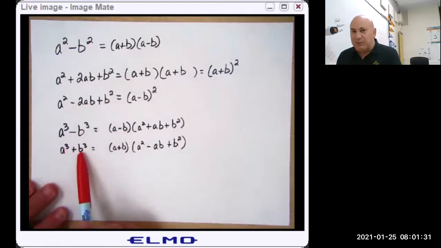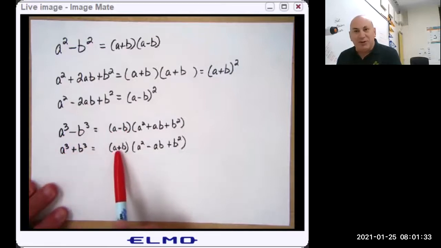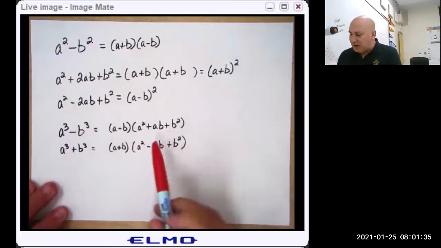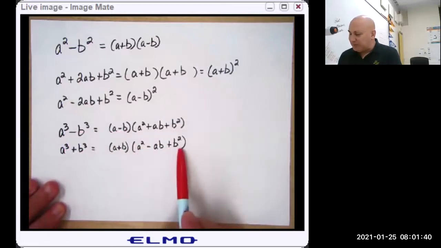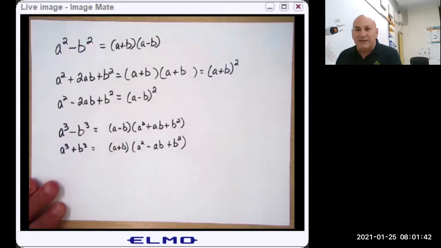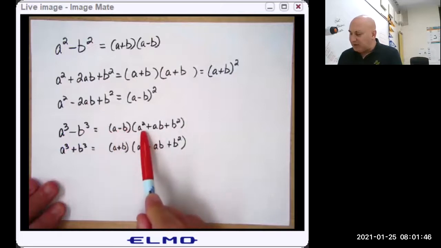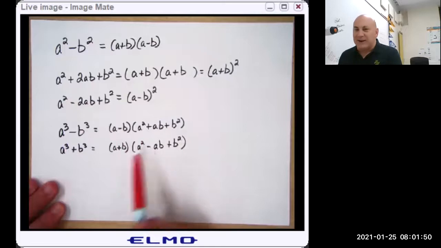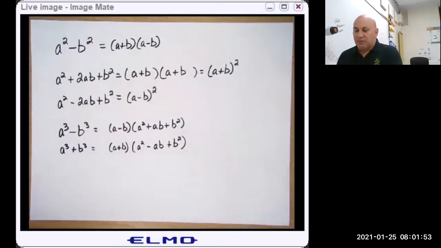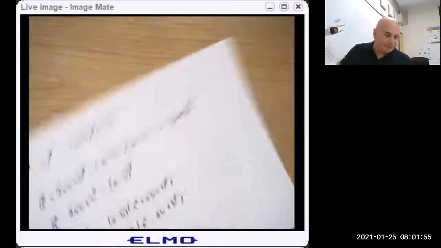If it's a cubed plus b cubed, a plus b is a factor. And then notice all the other terms are a squared, ab, and b squared. And there's only one minus in each factoring. So if the minus is here, all of these have to be pluses. And if it's a plus here, it's the ab that's negative.